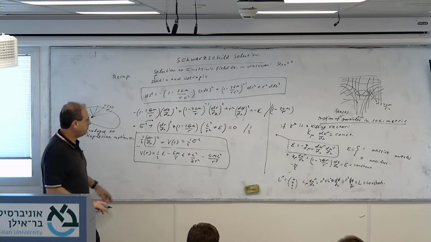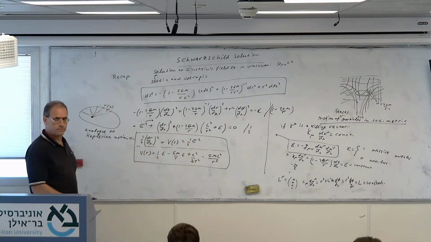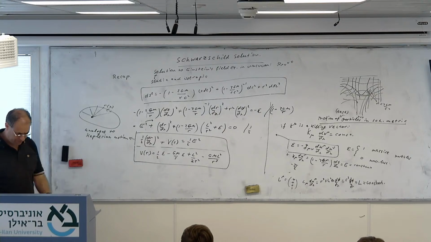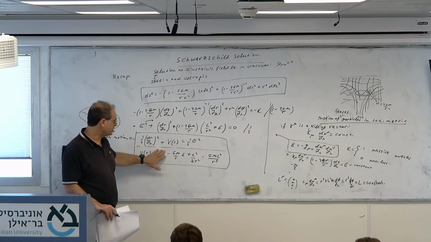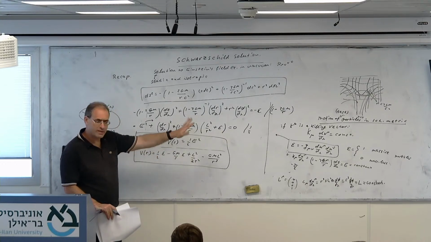As we said, E is a constant of motion and L is a constant of motion. So of course this is just a constant. For potential, we don't care about constants. This is exactly the Newtonian potential. I'm putting epsilon equal to 1 for massive particles.